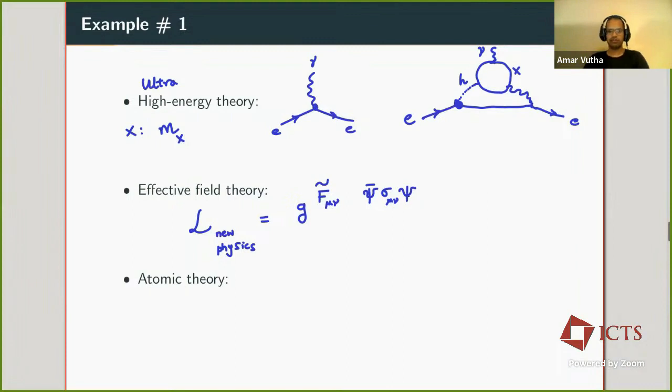Psi bar and psi both have mass dimension 3/2. And so this entire operator involving F mu nu, psi bar, and psi, the sigma and the G are dimensionless. So the F mu nu, psi bar, and psi end up giving you something that's a dimension 5 operator. And that's usually a bad thing because it means that it's non-renormalizable, etc.